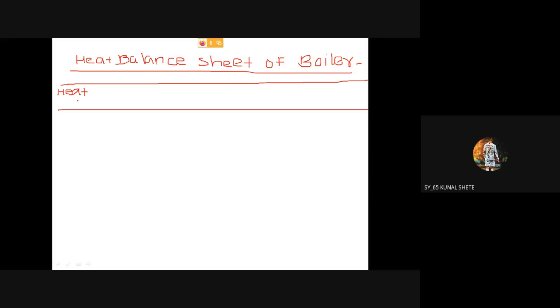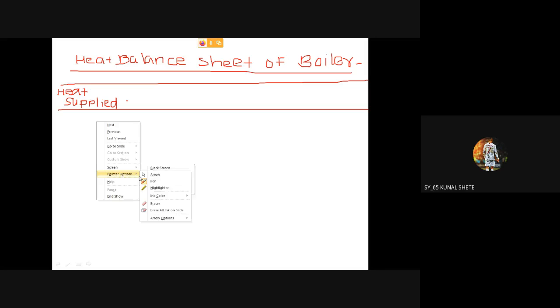It is the performance sheet of a boiler in tabular form. It gives information about the total heat supplied to the boiler and the various ways by which heat is utilized from the boiler. It always indicates efficiency of the boiler and different heat losses occurred in the boiler.